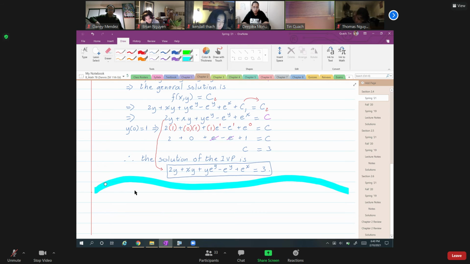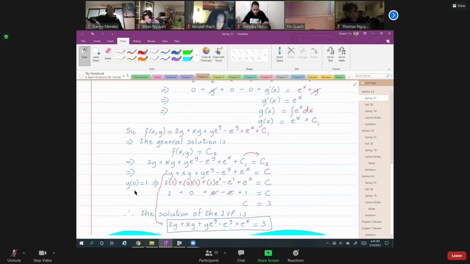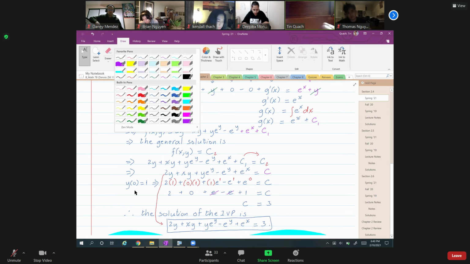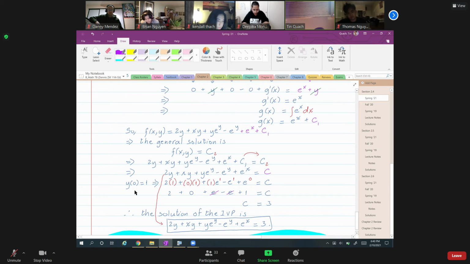So the process is simple, but you have to really understand. And again, before I move to the next section, a major and very common mistake that students make in this section is writing the solution.